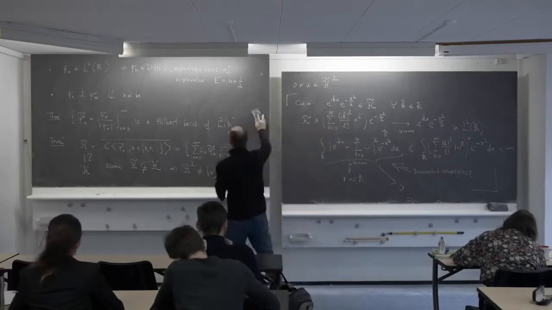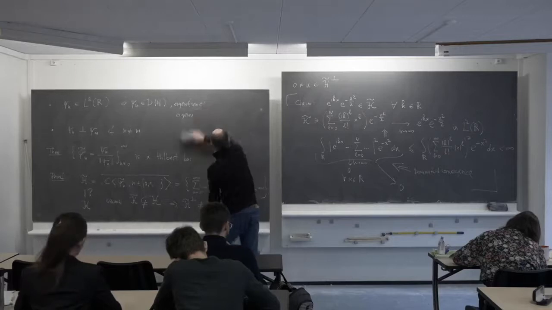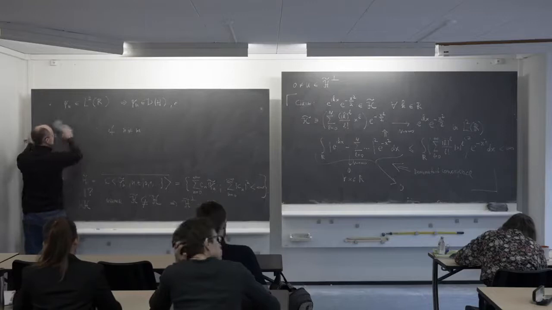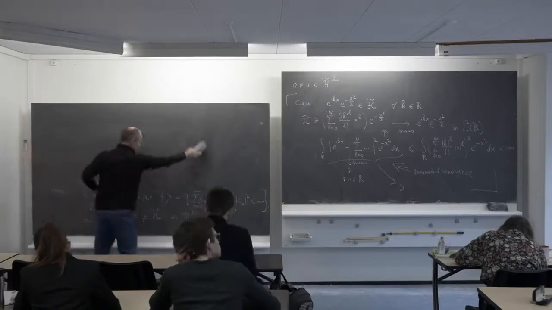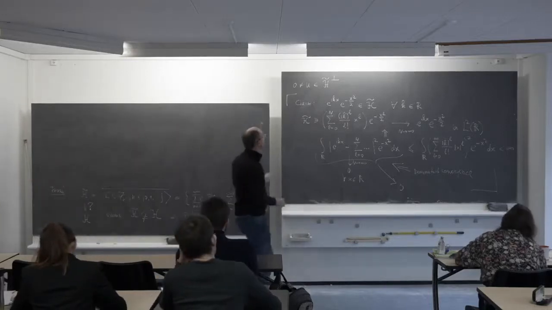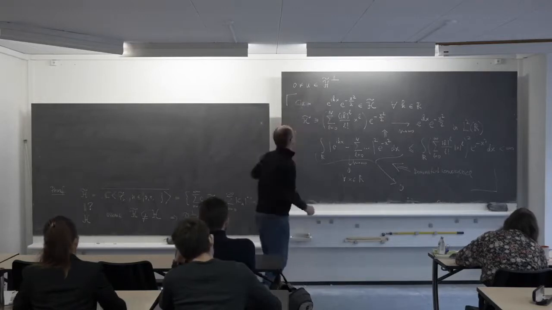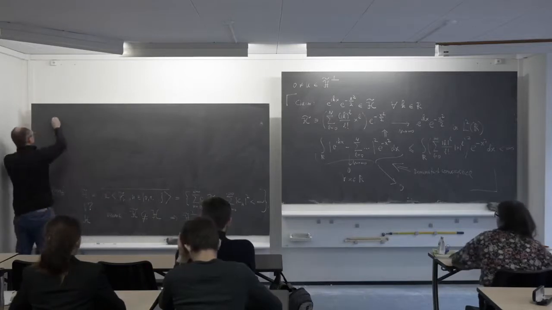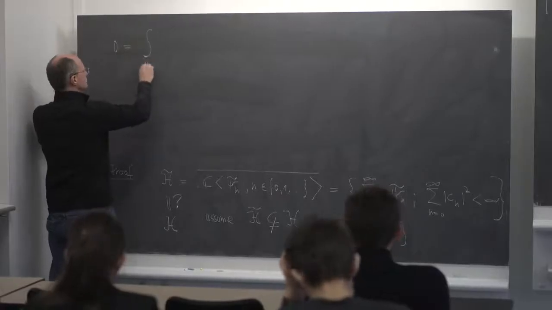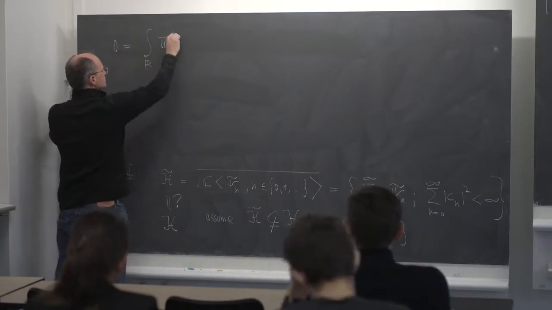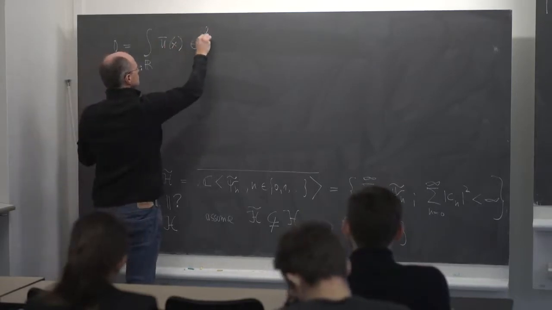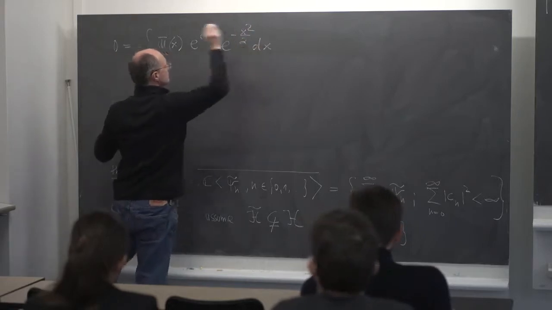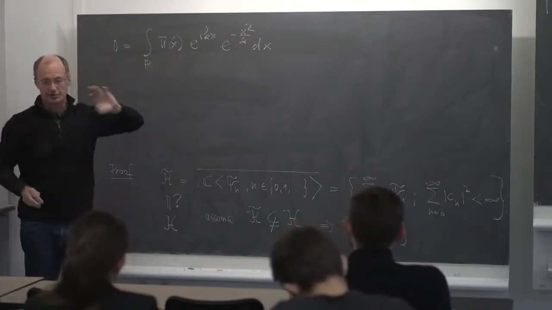Now, let's finish the proof. So we assumed that we have a vector which is orthogonal in L2 to everything. It means all those integrals vanish.